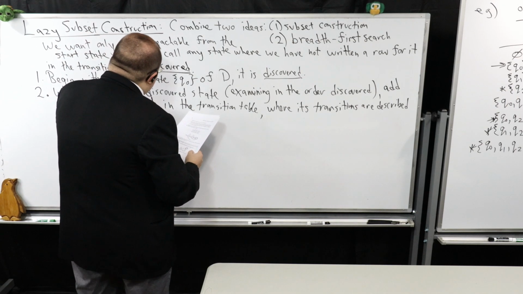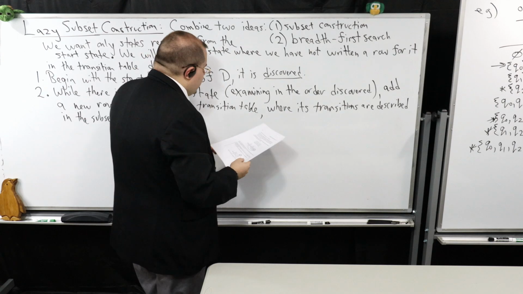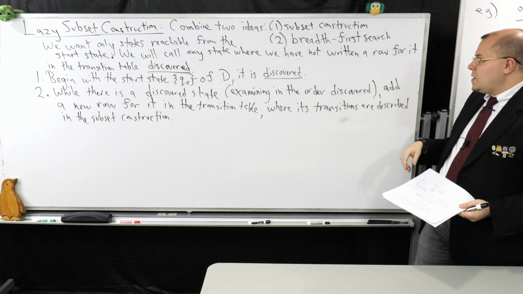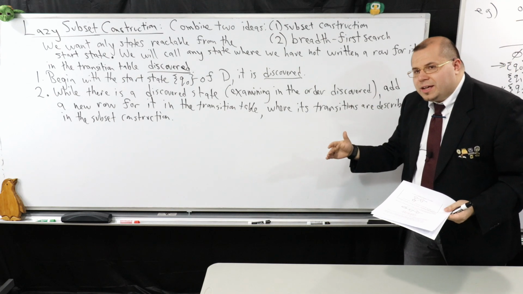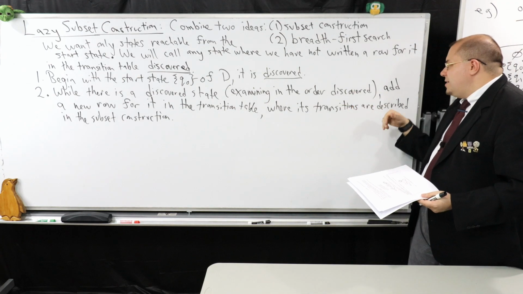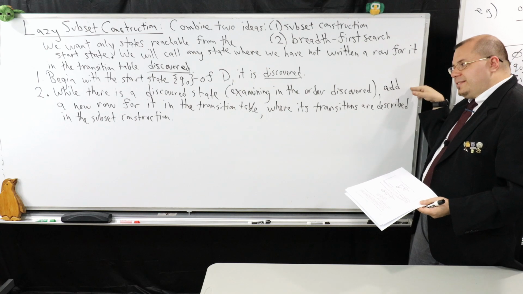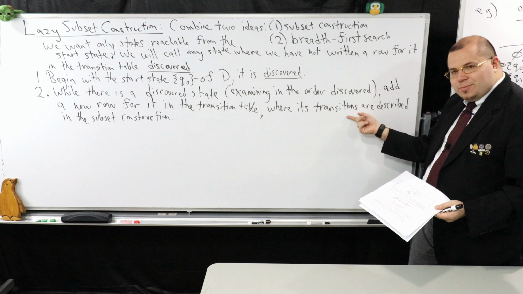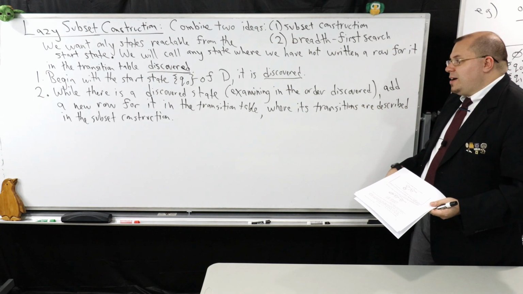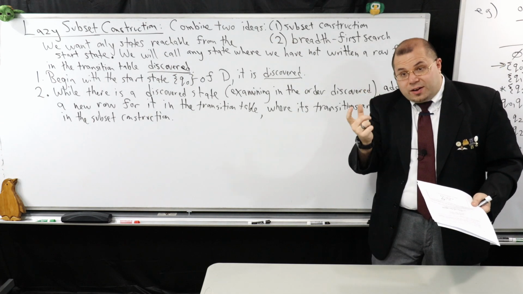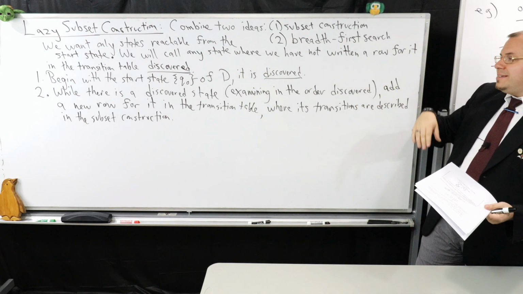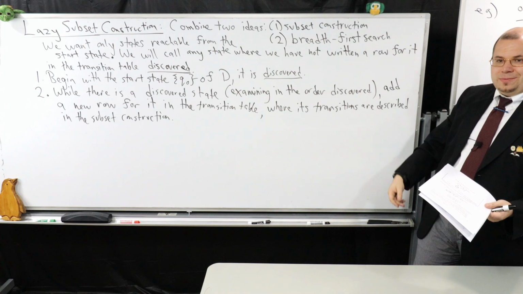So all I'm going to do is start off in the start state, the new start state I create for the DFA, and label it as discovered. While there's a discovered state, I add a new row to the transition table for it and complete its transitions in that row. If I see a new state, I declare it as discovered. While one of these exists, you keep doing step 2. And that's it.